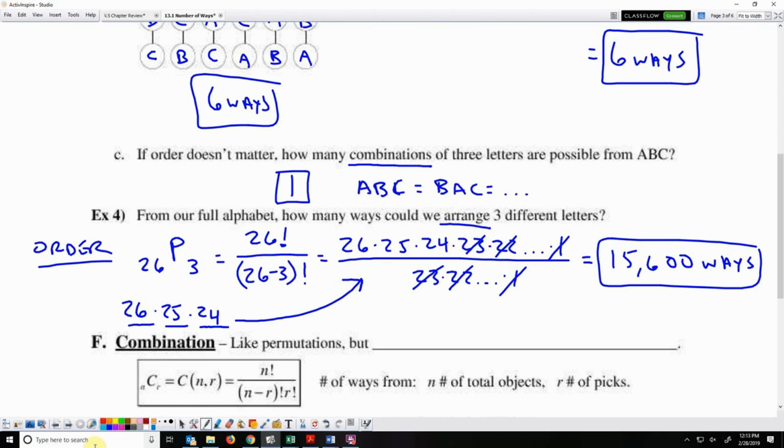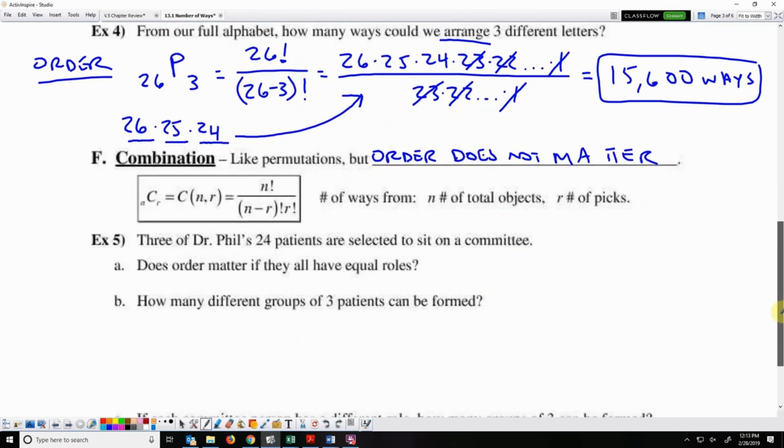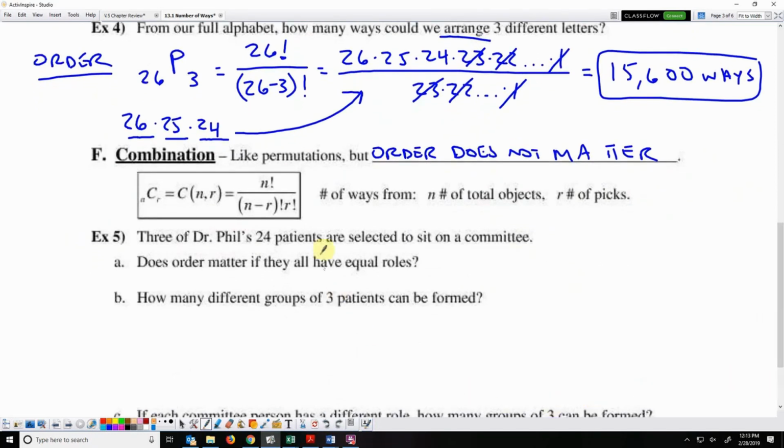In a combination, it's similar to a permutation, but order does not matter. So a combination is n factorial over n minus r factorial times r factorial.